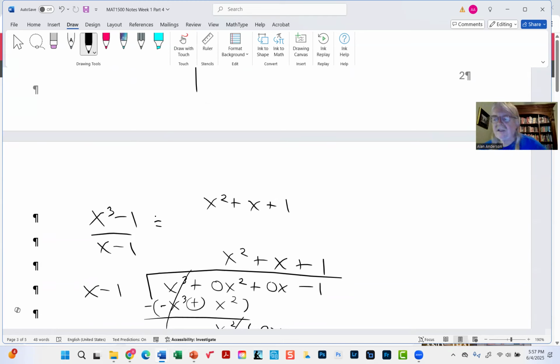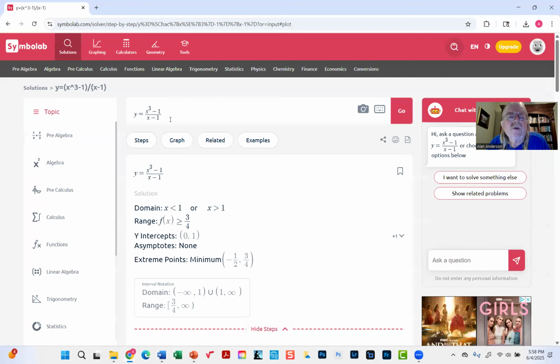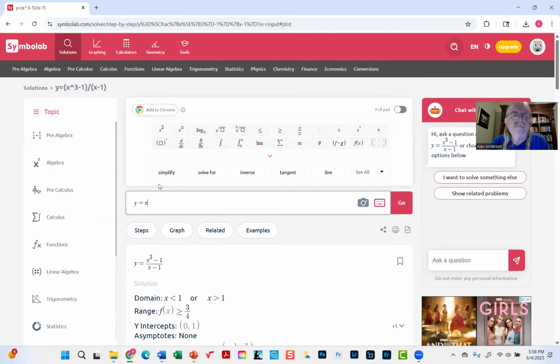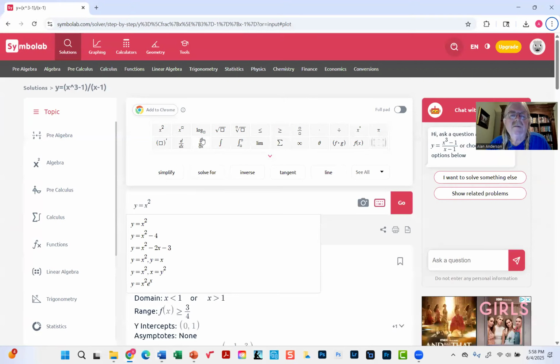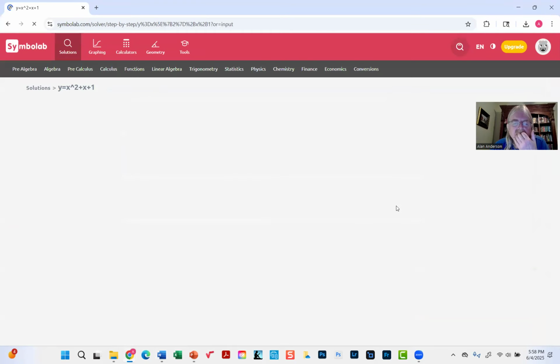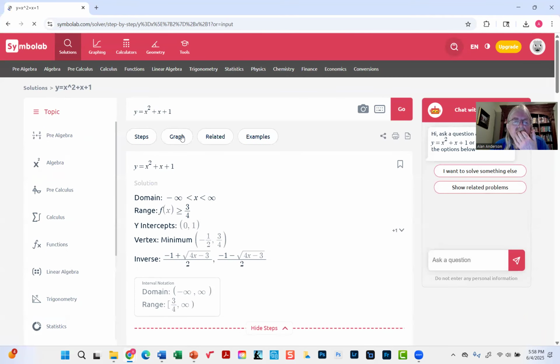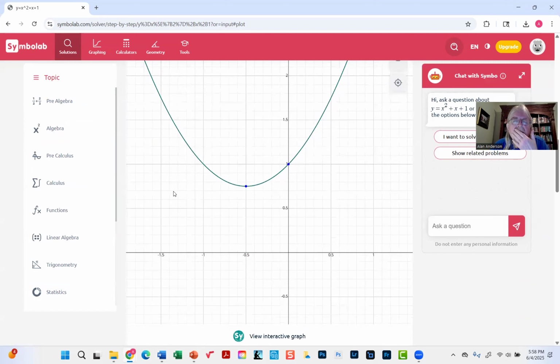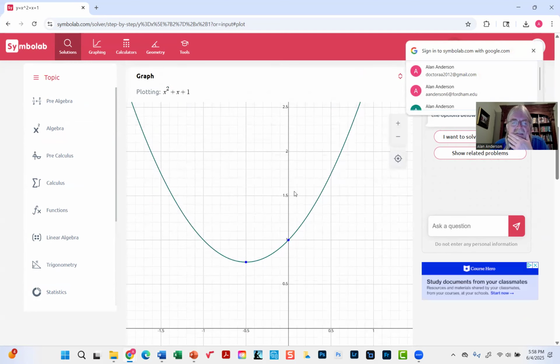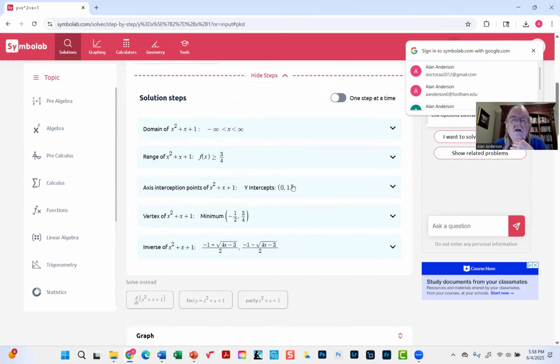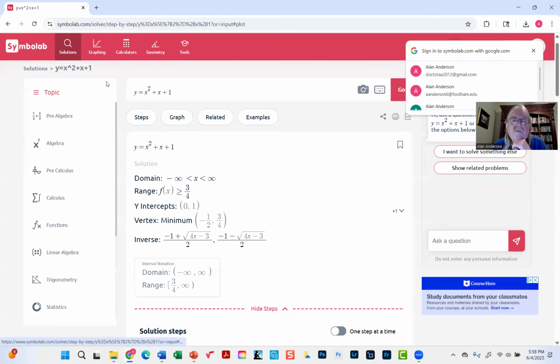So what Symbolab is actually showing you here is x squared plus x plus 1. Now, unfortunately, that's not exactly what we need, because it was clear from the original function that we did not want to substitute x equals 1 into this function.